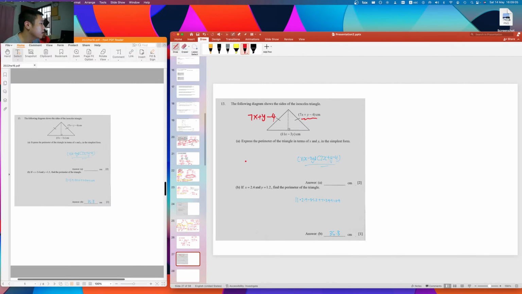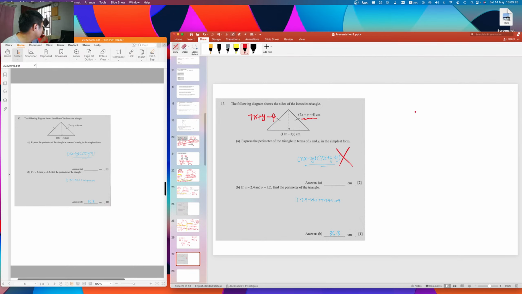So now they say express the perimeter. What's the perimeter here? How do you find perimeter? Add, yes. So what you are supposed to do?